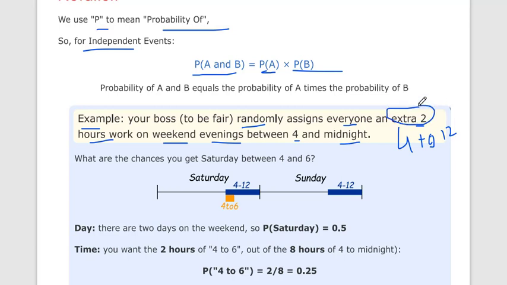What is the probability, or what are the chances, that you get Saturday between 4 and 6?